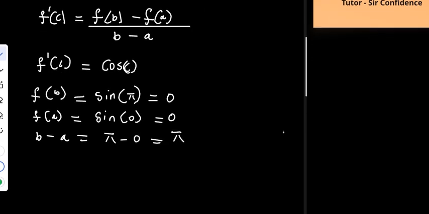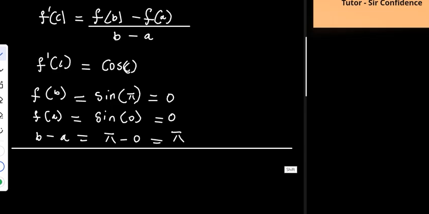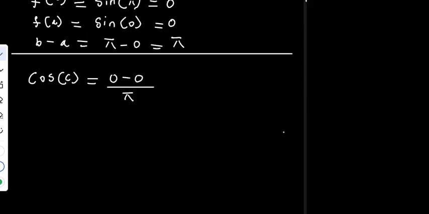So juxtaposing all of them into the general formula, we're going to have that cos c is going to be equal to 0 minus 0 divided by pi, so cos c will be equal to 0 over pi, and this is going to give us 0.